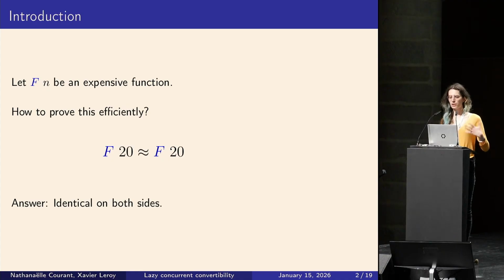And we want to efficiently prove that f of 20 is convertible with f of 20. This problem is easy. Both sides are identical, but we already see that reducing both sides to normal form, the naive version, will be inefficient.